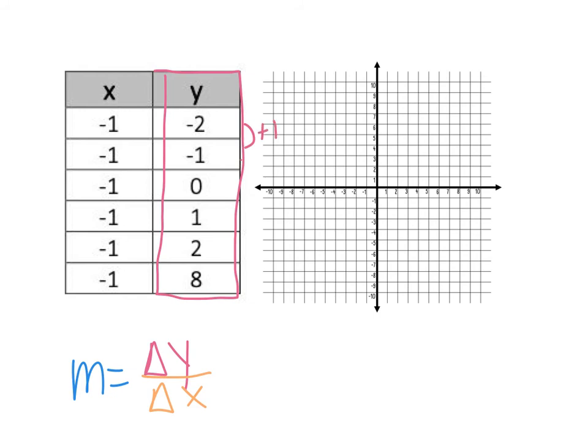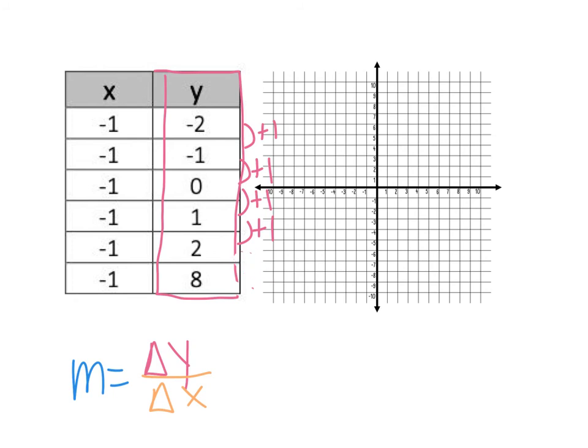From -1 to 0, adding 1. From 0 to 1, adding 1. From 1 to 2, adding 1. And then from 2 to 8 is adding 6, but we don't need to worry about that part right now. We'll still get the same answer.